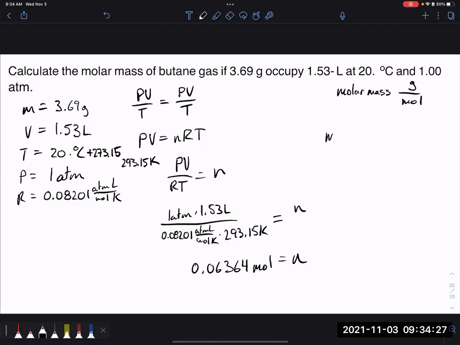So our molar mass, I'll just write this in here, 3.69 divided by 0.06364 moles, and this is going to equal 57.98 grams per mole.